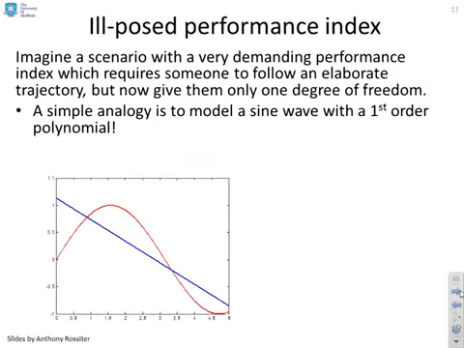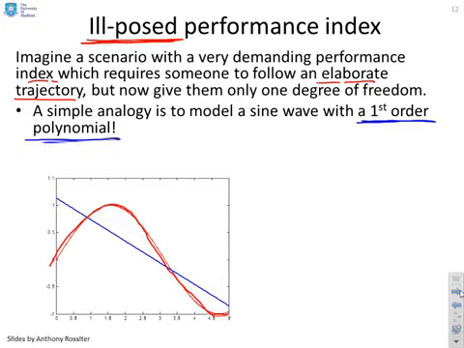Now, here's a scenario which demonstrates what I'm going to call an ill-posed performance index, so an ill-posed objective that you might set yourself. So you've got a very demanding performance index here, one which says I want you to follow quite a complex trajectory, and in this particular case the trajectory I want you to follow is this red one. Okay, but you're a simpleton, you've not got a very good model, and so the only thing that you can manage is a first order polynomial.